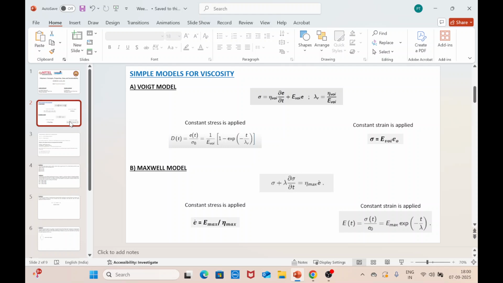Depending upon that, we try to derive a few quantities. Both the creep and the stress relaxation behavior are usually described by two different types of models of viscosity. That is why we call them simple models of viscoelastic behavior.